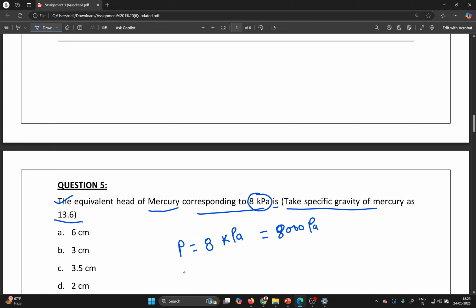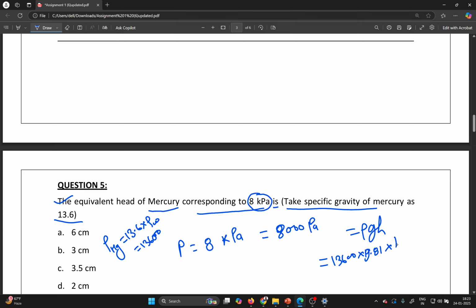So your pressure is rho g h, and we are talking about the height h. The rho of mercury is specific gravity times the density of water, so 13600 times 9.81 times your height.